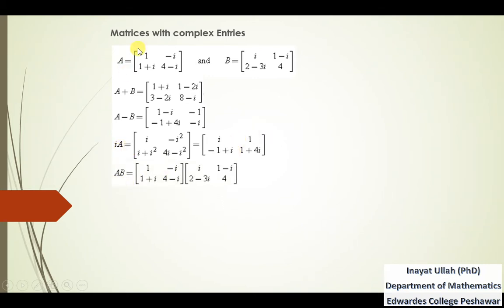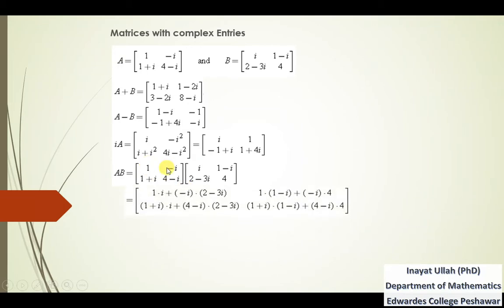Similarly, we can multiply these two matrices in the same manner, rows multiplied by columns. First row multiplied by first column, 1 into iota plus minus iota into this number. Similarly, first row second column, 1 into 1 minus iota plus minus iota into 4 is this.